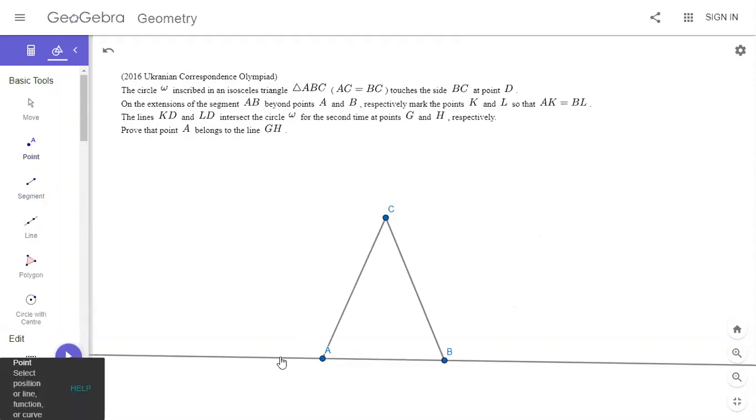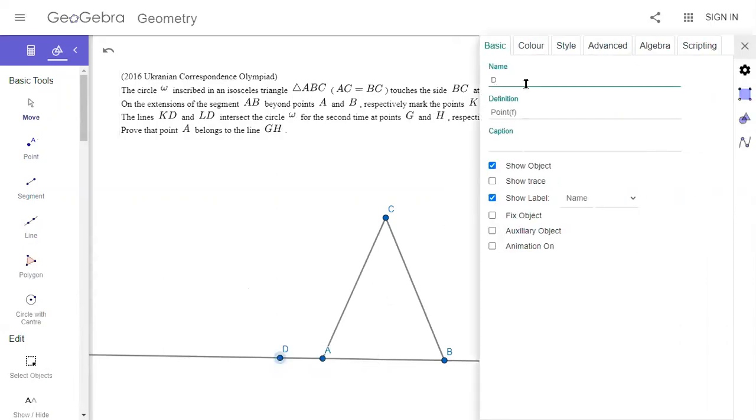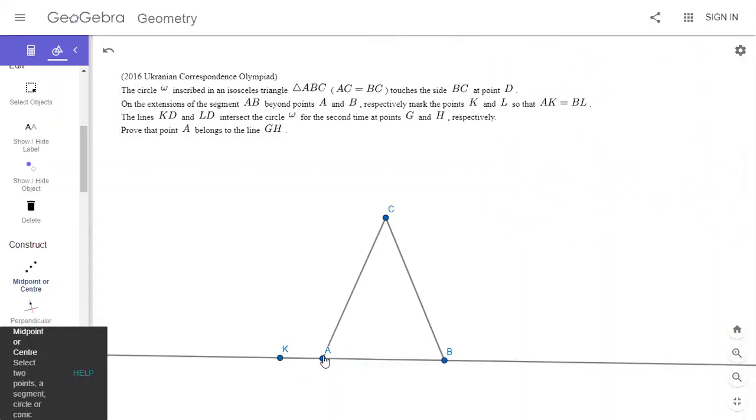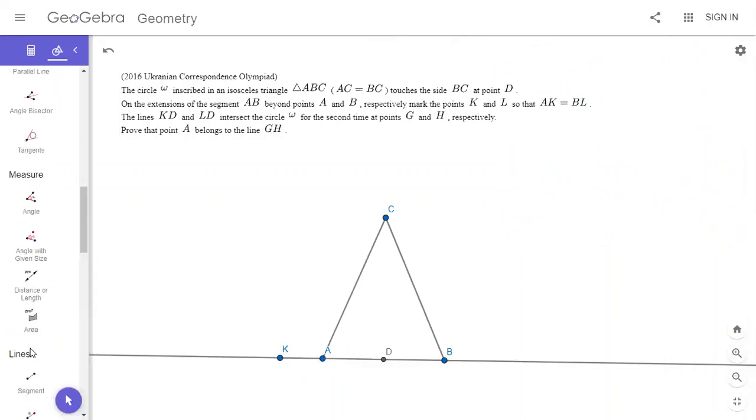So I feel like I kind of want to use my compass tool here. So this is K. And there's a couple ways I could do this actually. I'm going to do it this way.